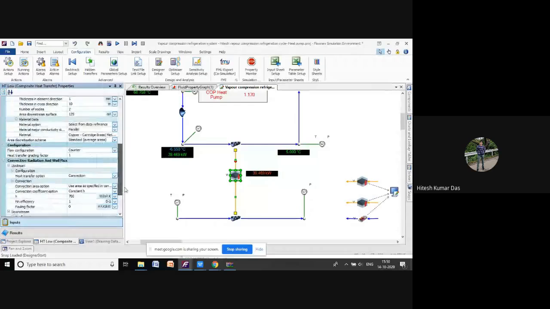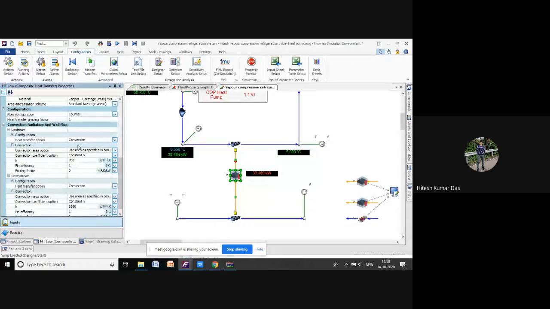Next, for the convection in upstream and downstream, here we have data related to the heat transfer coefficient. For the upstream heat transfer coefficient, we have assigned 700 watt per meter square Kelvin. You can see all types of units are there. The fouling factor we have assigned as 0, and fin efficiency as 1.